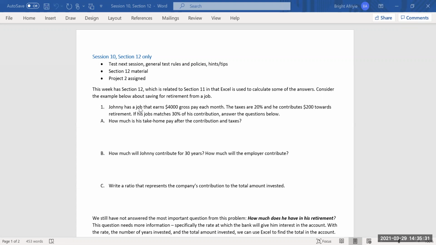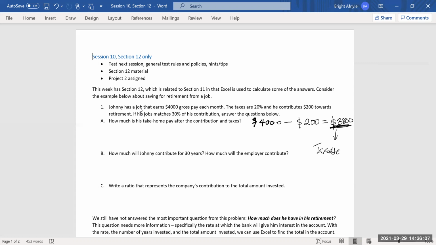So we are going to do $4,000 minus $200, and this gives us 3,800. This is the taxable amount. You need to take away 401k contributions before you apply taxes. So I'll indicate the taxable amount.